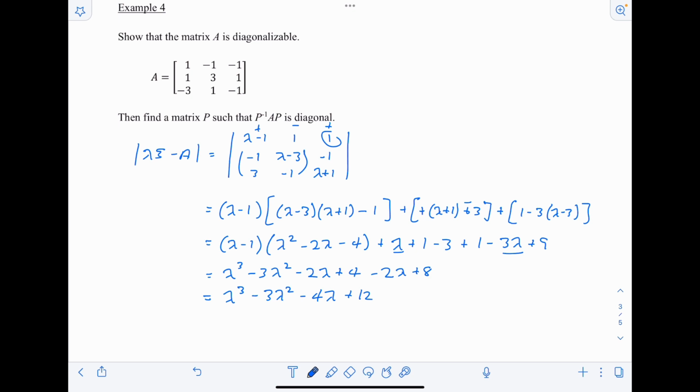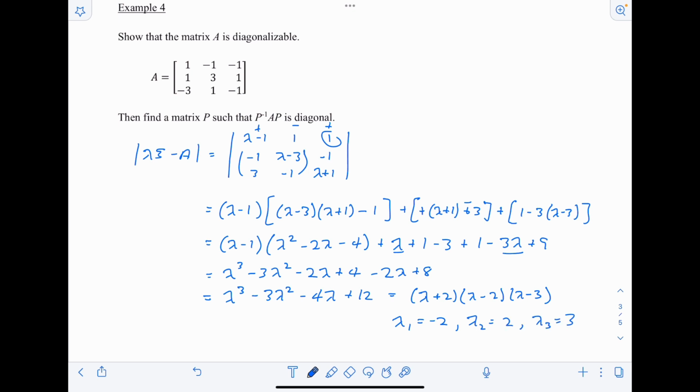In this case, the zeros are -2, 2, and 3. So it factors as lambda plus 2, lambda minus 2, and lambda minus 3. That's going to give us our eigenvalues: lambda 1 is -2, lambda 2 is 2, and lambda 3 is 3.